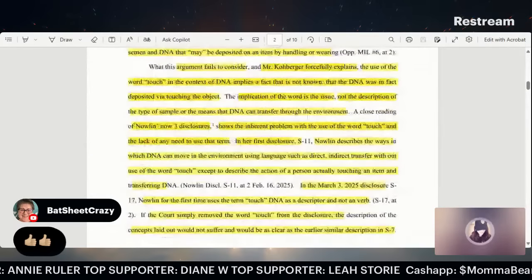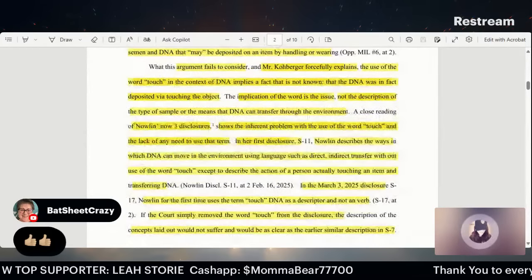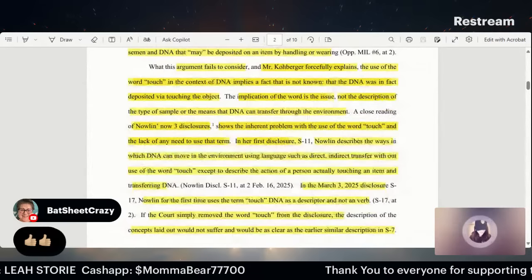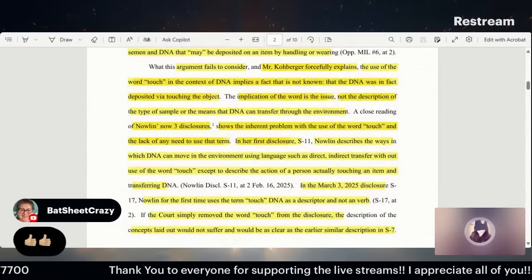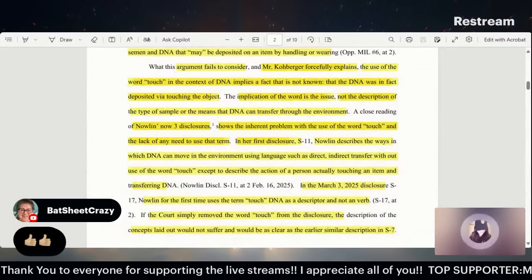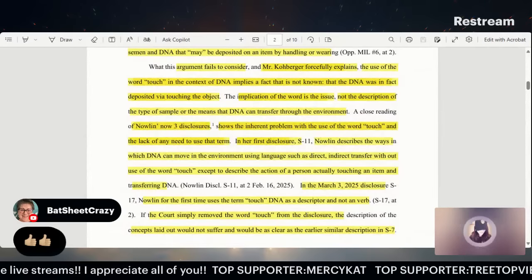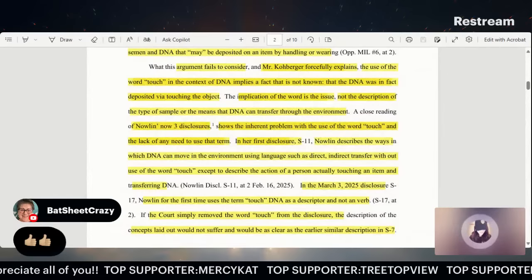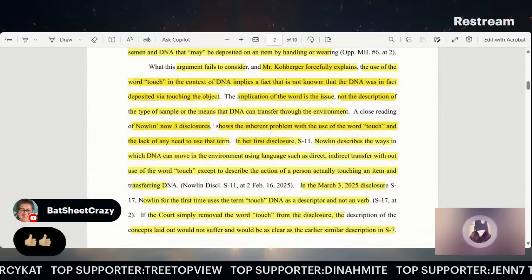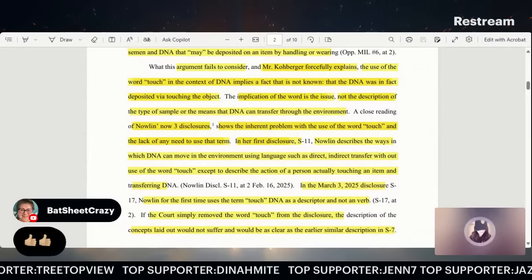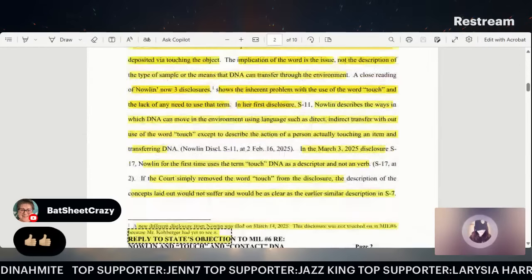A close reading of Nowlin's now 3 disclosures shows the inherent problem with the use of the word touch and lack of any need to use the term. In her first disclosure, Nowlin describes the ways in which DNA can move in the environment using language such as direct, indirect transfer without use of the word touch, except to describe the action of a person actually touching an item and transferring DNA.